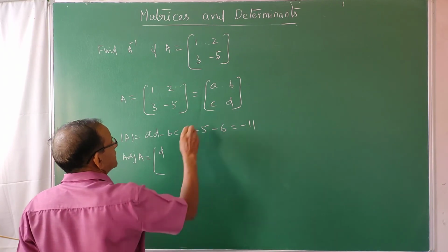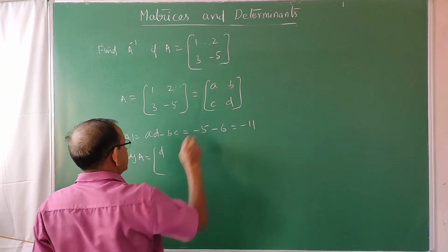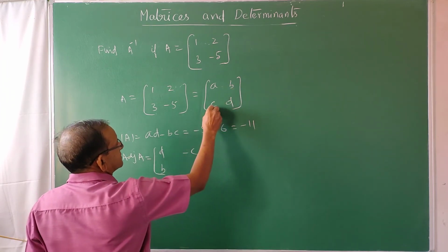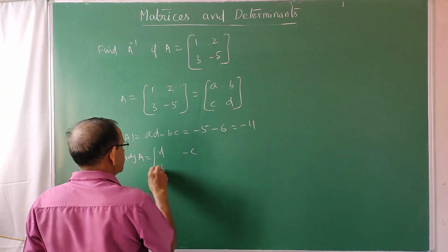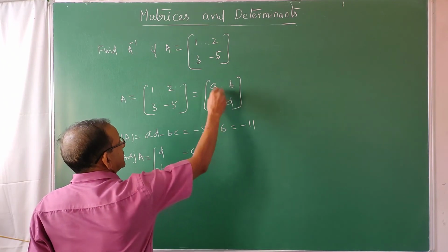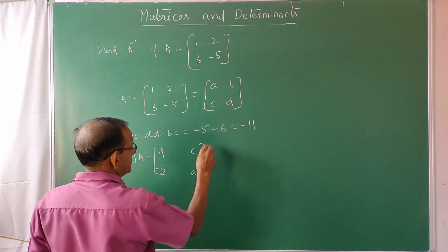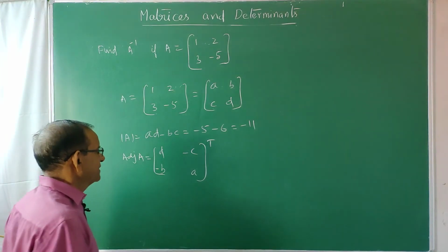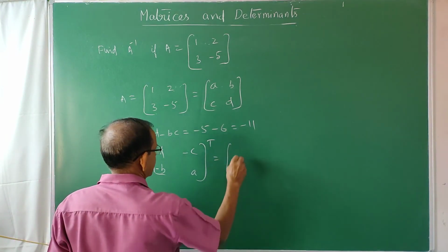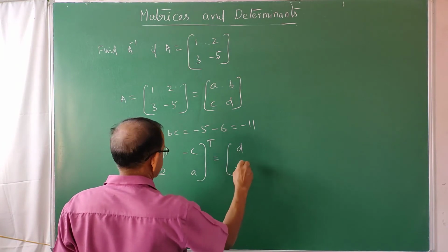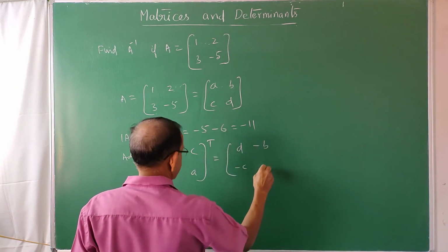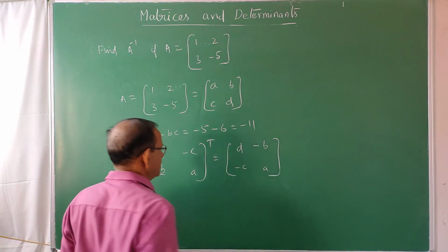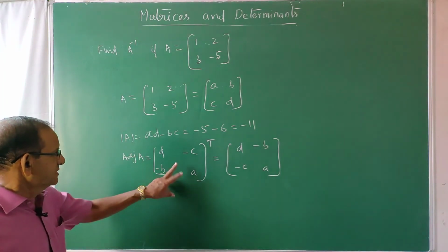And cofactor of c is b. This is second row, first column. So for that also you will get minus sign. For d it is a. For that you have to take the transpose. That is d, minus c, minus b, a. This is adjoint A. You have to interchange these two places.